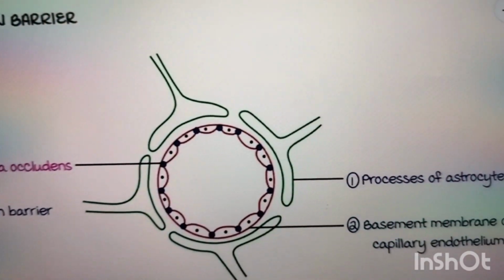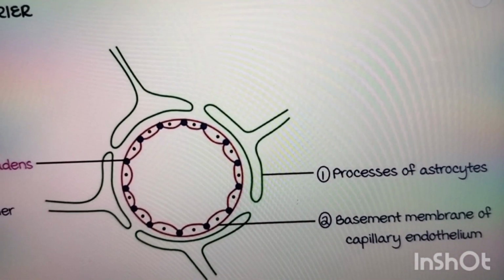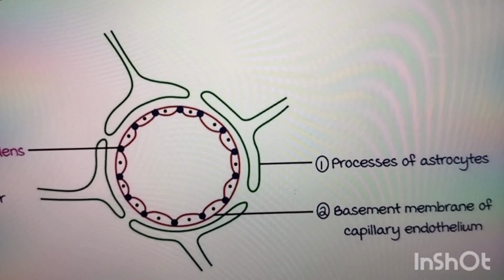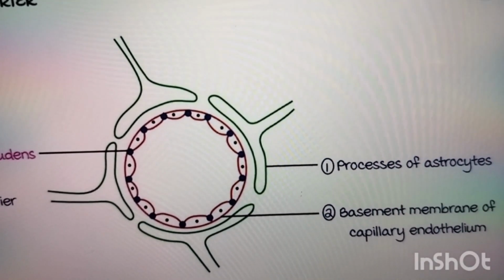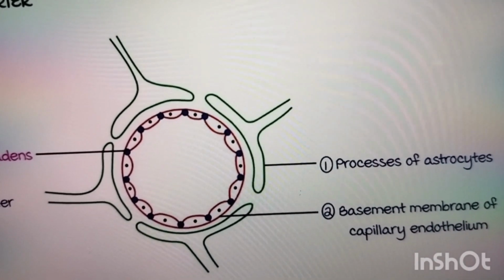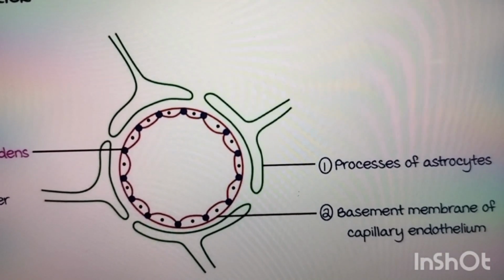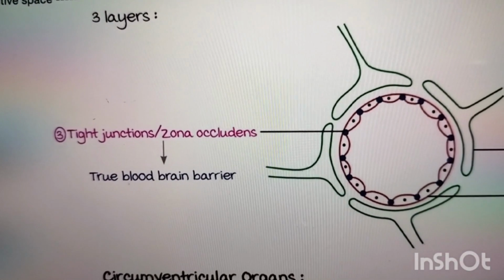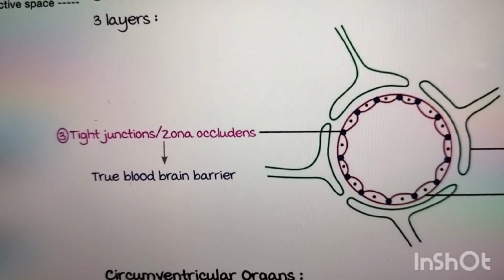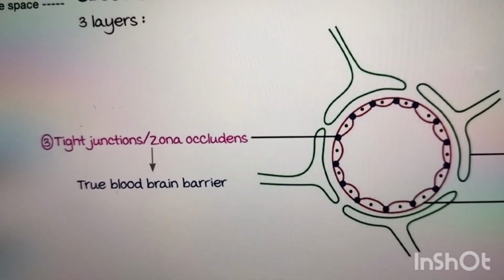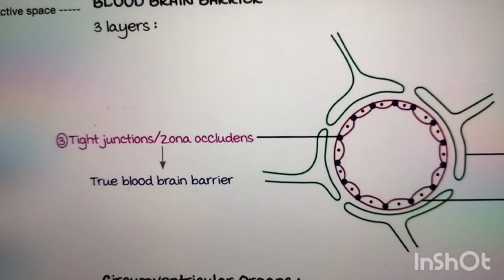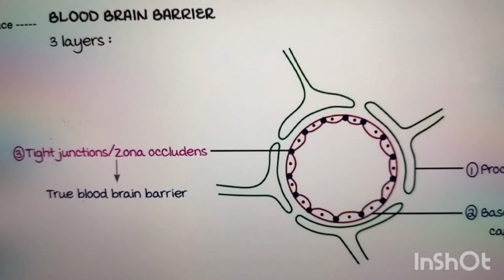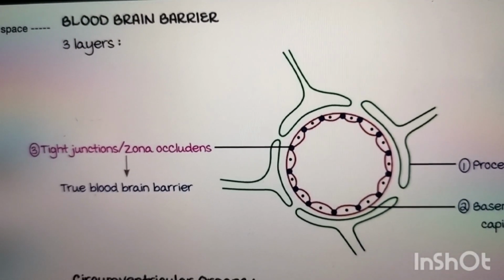So the first component of the blood-brain barrier is the processes of astrocytes. Second is the basement membrane of the capillary endothelium, and third is the tight junction, also called zona occludens. It is the important, true component of the blood-brain barrier.